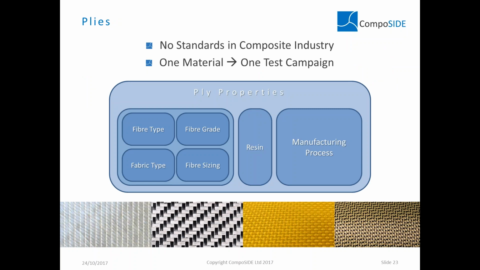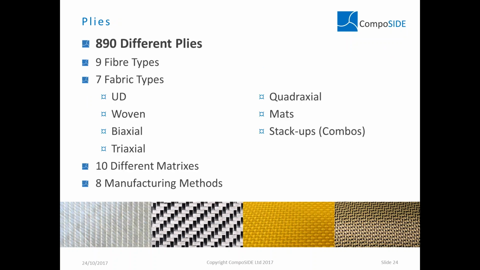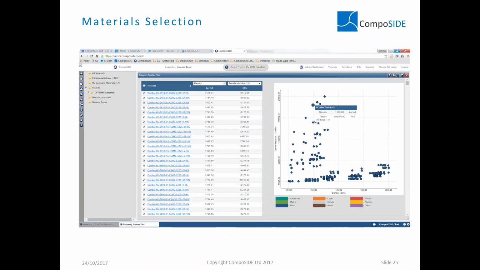And with the plies, the ply library includes many combinations of the inputs shown here. There are nearly 900 different material combinations for the plies, and we can select any of these in the database. Then, using the tools discussed, we can quickly narrow down our selection or find materials that have the best combination of properties that we require.